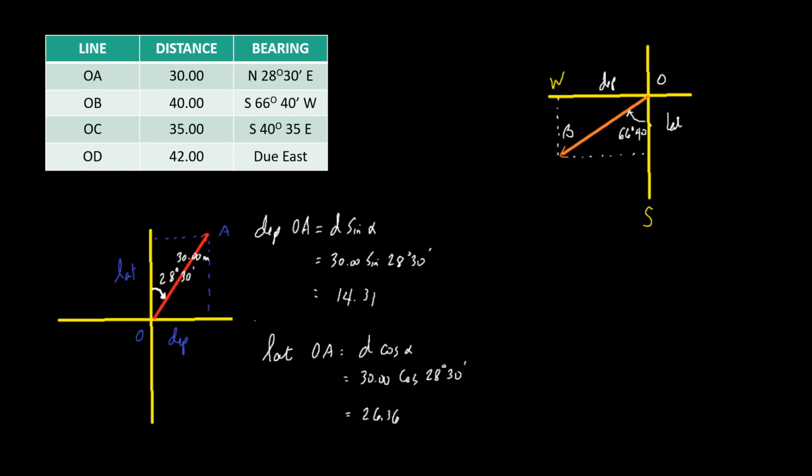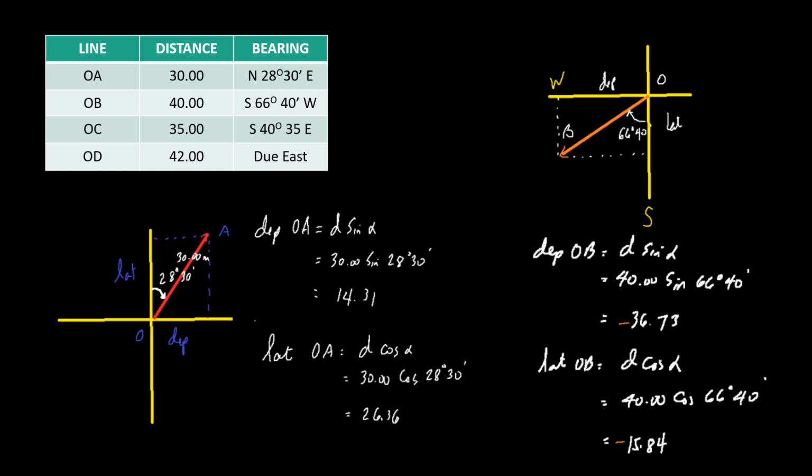For the next line OB, the distance is 40 meters and the bearing is south 66 degrees 40 minutes west. The departure of OB is d sine alpha equal to 36.73. The departure of line OB is negative since the line has a southwesterly direction.